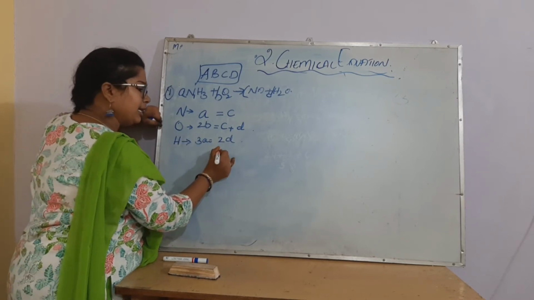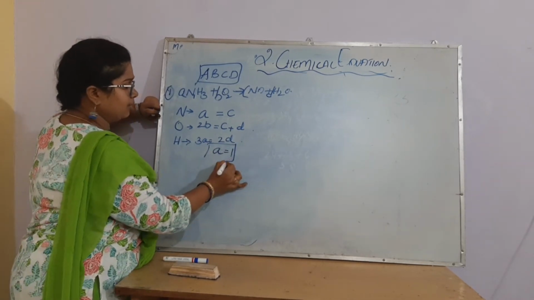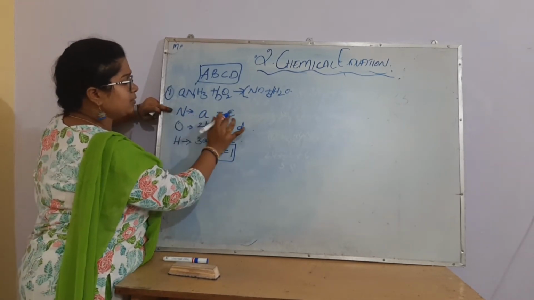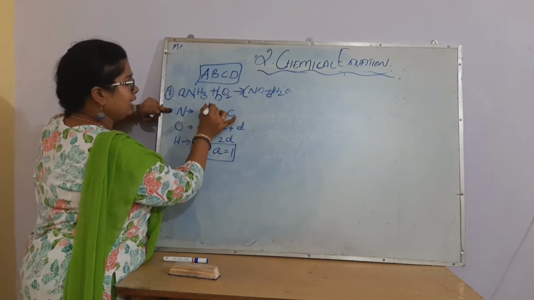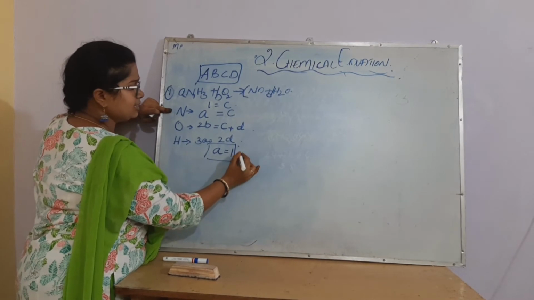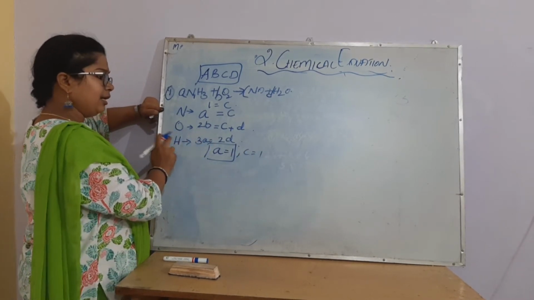I am going to take A is equal to 1. Substituting this, if A is equal to 1, then 1 is equal to C, so C is equal to 1. Then where do I put A?